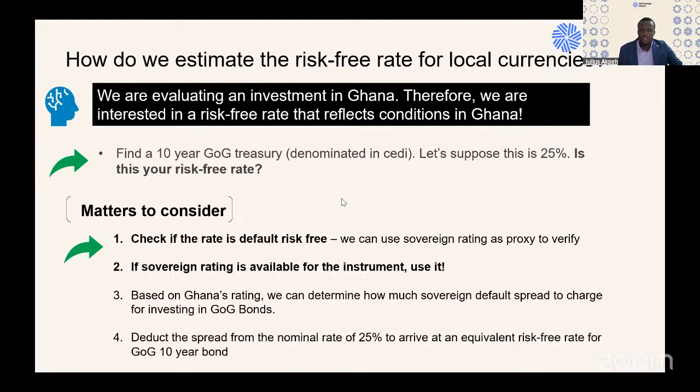These are junk bonds, right? They are risky bonds. But the US government bonds are investment grade.